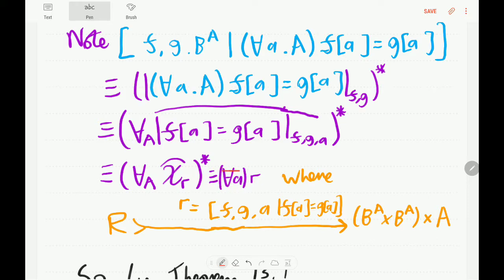And we have a name for that. We can call that for all little a R. That's the universal quantification thing that we've already encountered.